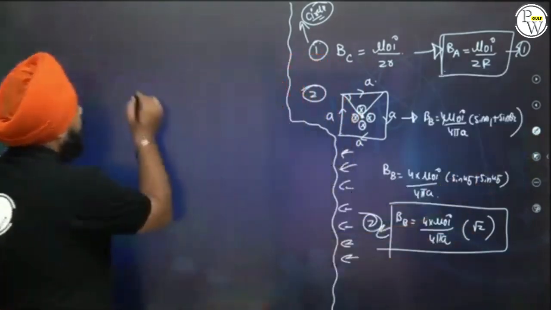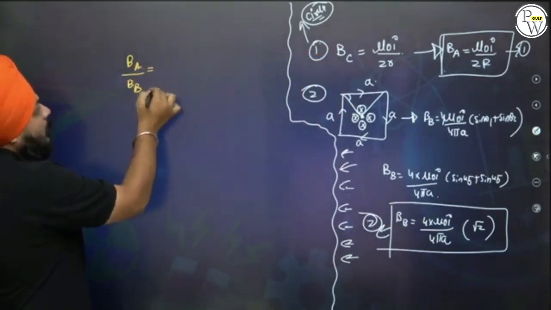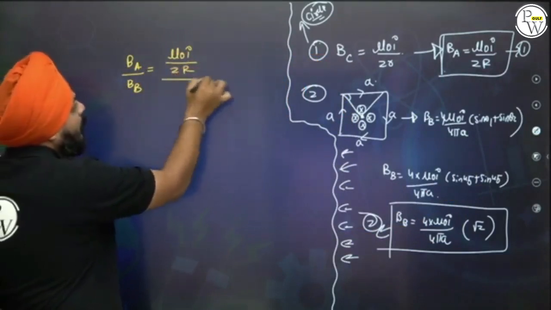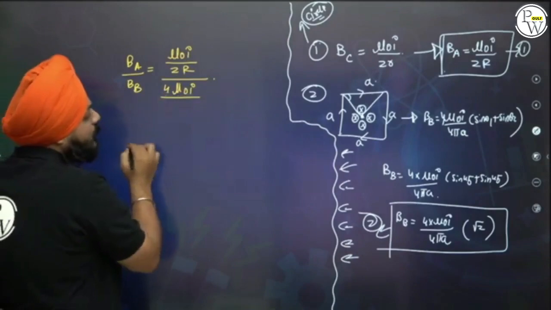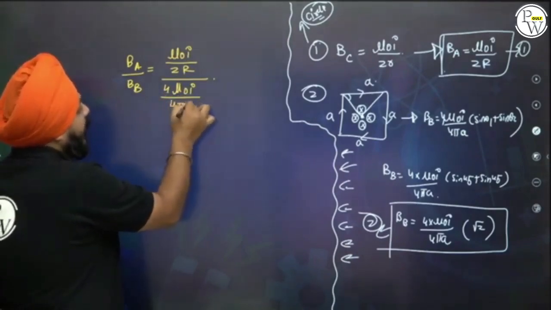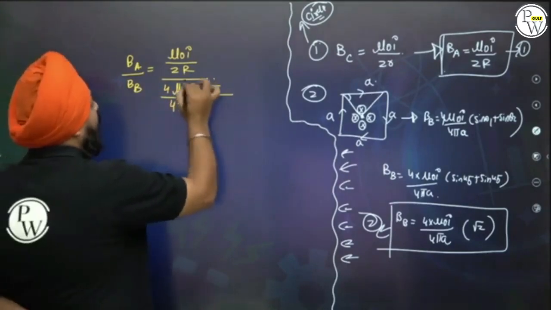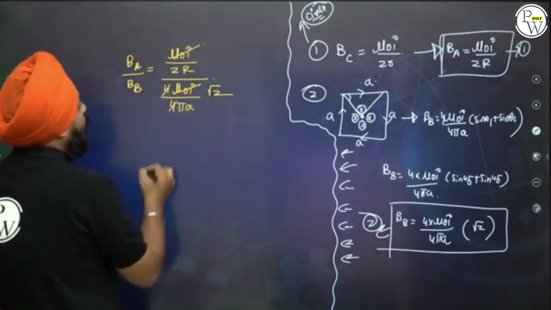So here, mu 0 I whole divided by 2 R, this is for B1, divided by 4 into mu 0 I whole divided by 4 pi A into root 2. So mu 0 I is going to get cancelled, and 4 is going to get cancelled.